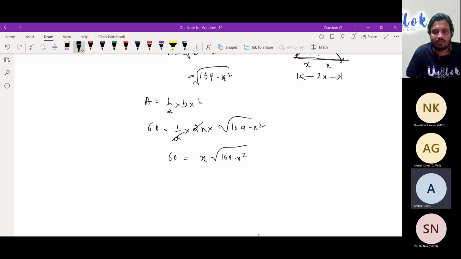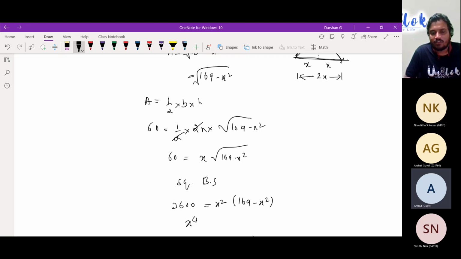How to go about it from here? Anyone who can answer this? It's just squaring both sides. If you square 60 square, it will be 3600. This one will be x square, and this we will get rid of root. This will have x to the power of 4.